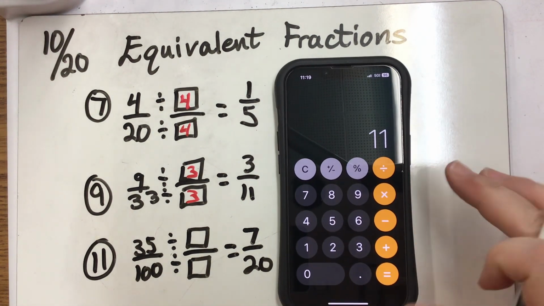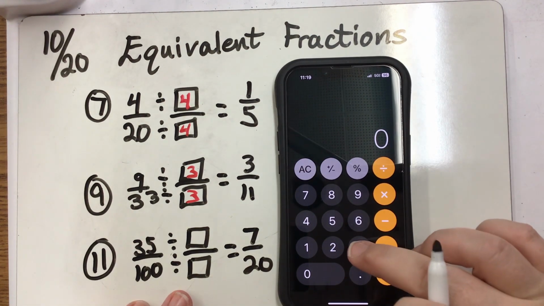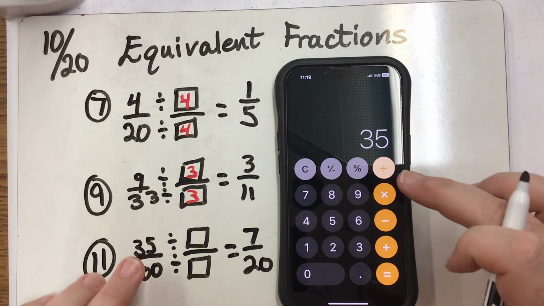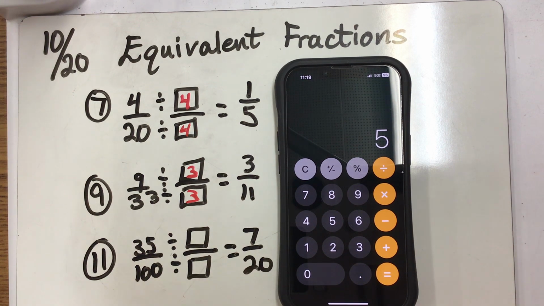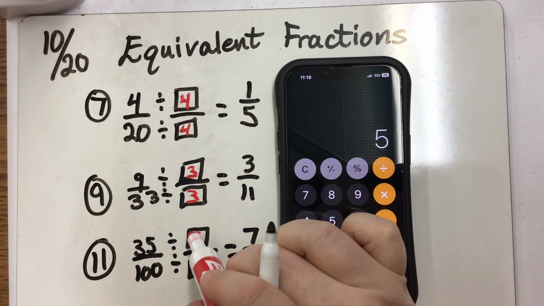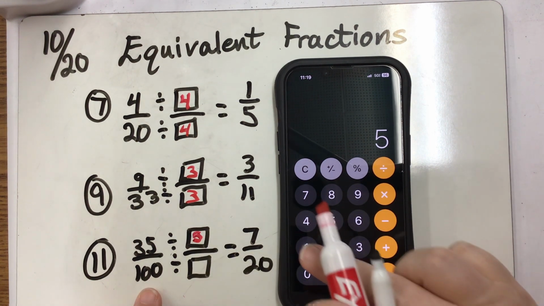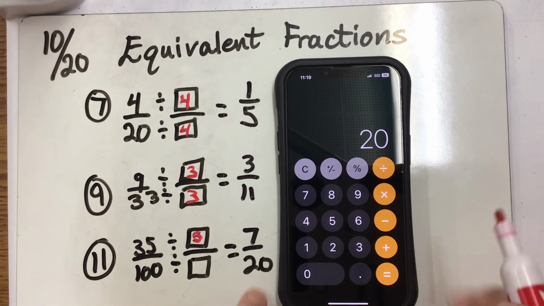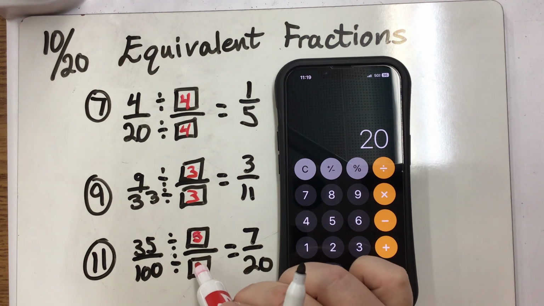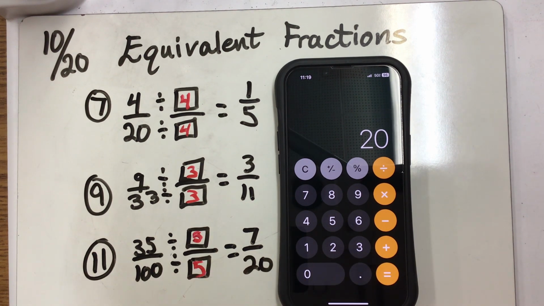Okay, get out of that glare. Okay, here we go. 35 divided by this number, 7. That gives us 5. Okay, now let's check it. 100 divided by 5 equals 20. Perfect. All right, so we know that all of these are correct.